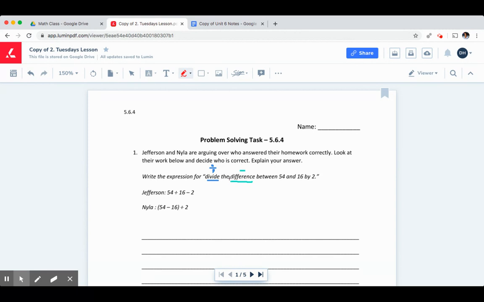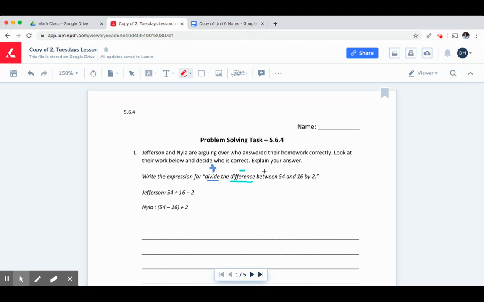And we just went over the fact that first in our expression, we need to find the difference between 54 and 16 before we can divide that difference by 2. So a strategy that you can use is you can put parentheses around what goes first in your phrase so that you remember what to look for in parentheses in your expression.